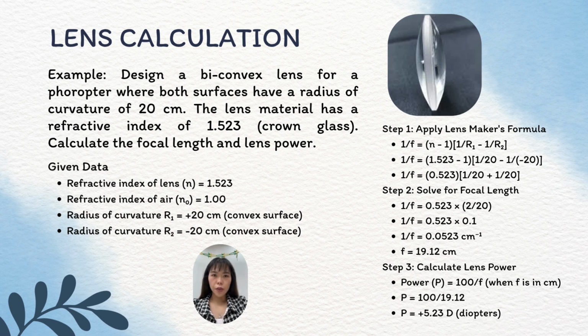By substituting the given values, we obtain a focal length of approximately 19.12 cm. The calculated power of the lens is 5.25 diopters, which is suitable for moderate hyperopia correction. This example shows how theoretical formulas are used to design optical lenses for practical applications.